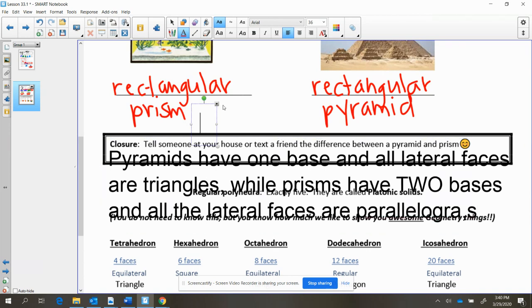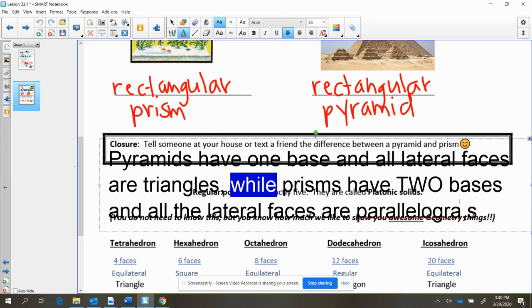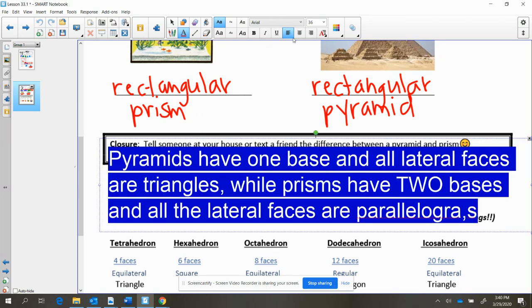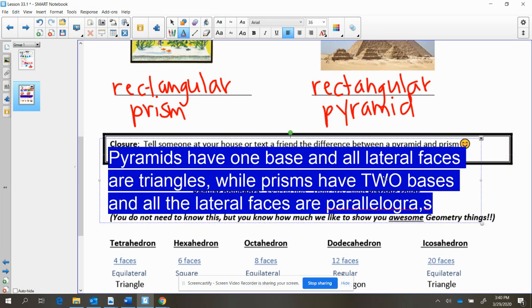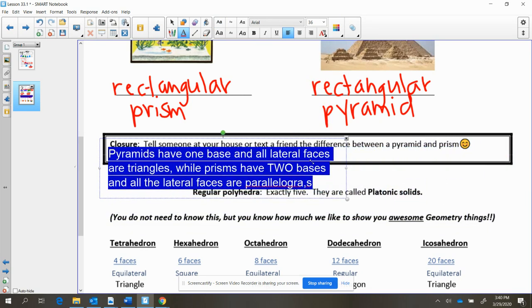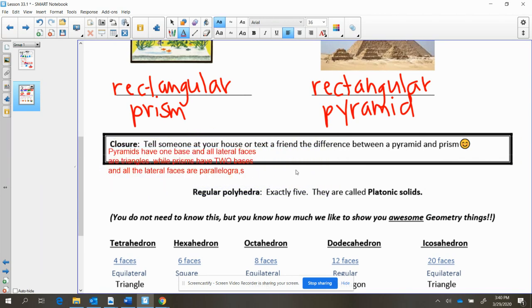Okay. So in case you didn't get that down, make sure you have at least that. Of course, there are other things, but those are the main things you should know after today about our prisms and our pyramids.